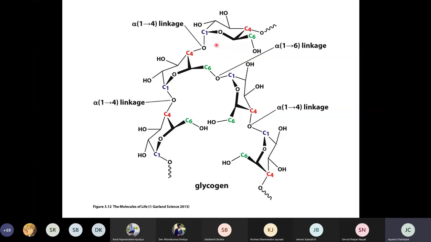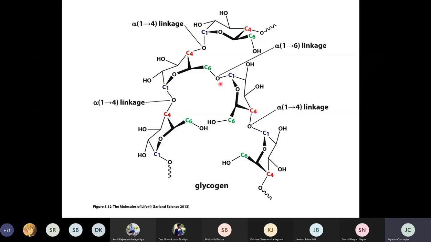And this pattern continues, and in some cases you also have the C1-C6 linkage, so that leads to a little bit of branching in glycogen. In this unit, the C6 hydroxy group, which is free, also engages in the formation of a glycosidic bond with the C1 of another monomer, right?